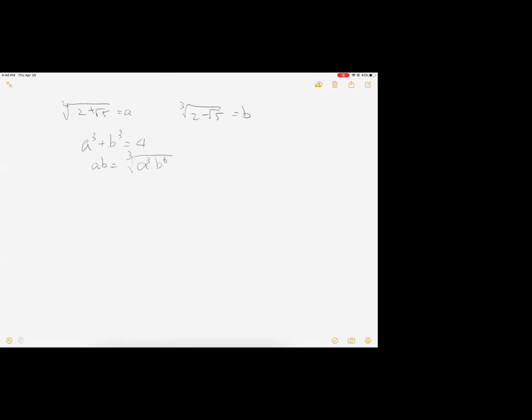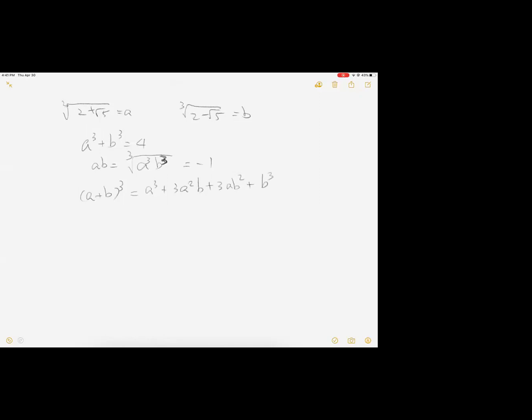Well, I mean a cube b cube. And I got that it equaled -1. After that, I saw that a plus b cubed was equal to a cubed plus 3a squared b plus 3ab squared plus b cubed.